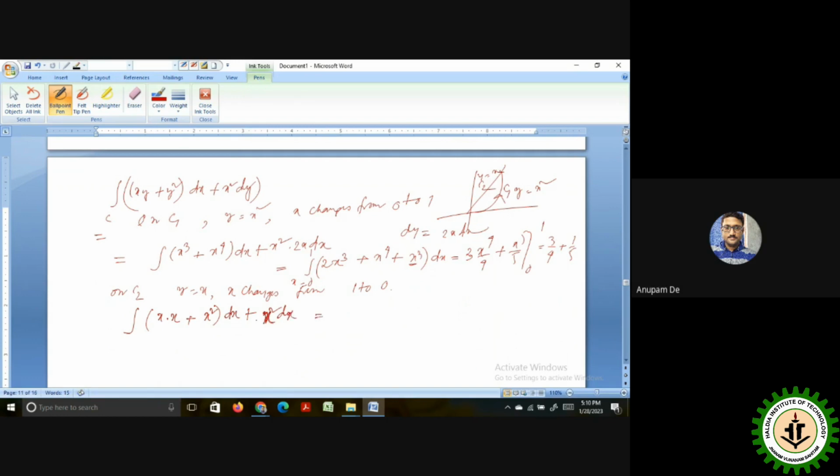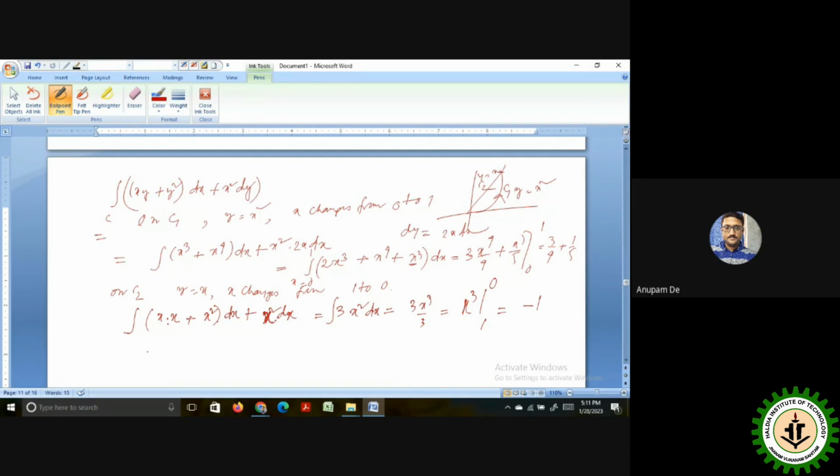So ultimately what you are getting is x square plus x square plus x square, so thrice x square integration dx. What is the value? It is thrice x cube by 3, limits 1 to 0, which means it is minus 1.